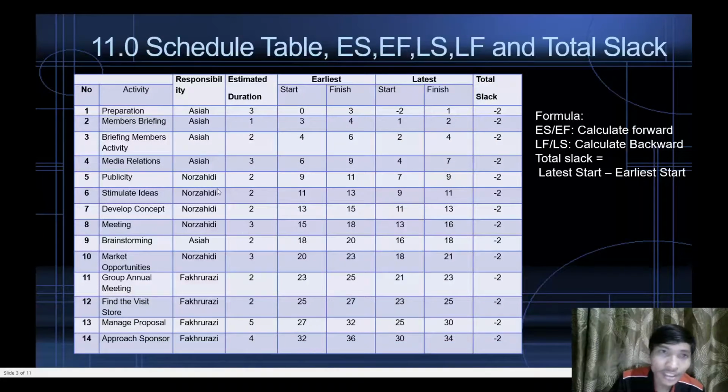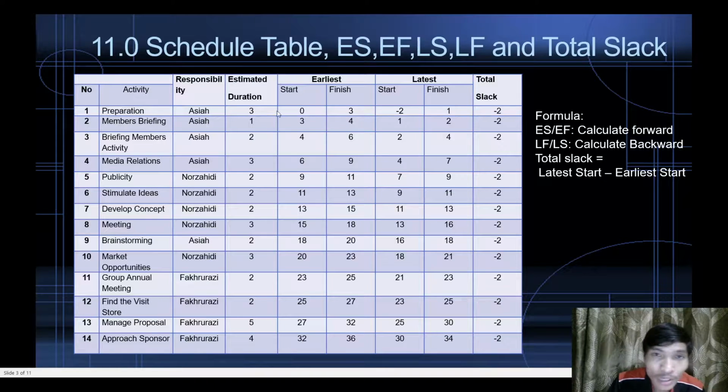Moving on, the schedule table: earlier start, earlier finish, later start, later finish, and total slack. This table consists of activity, responsibility, estimate duration, early start, early finish, later finish, and total slack. From the develop project schedule, it becomes this table, so it is easy to understand.